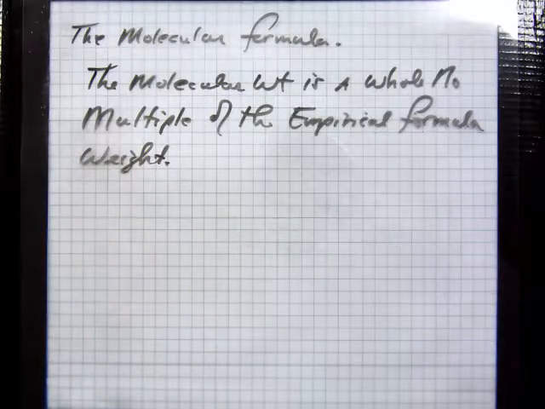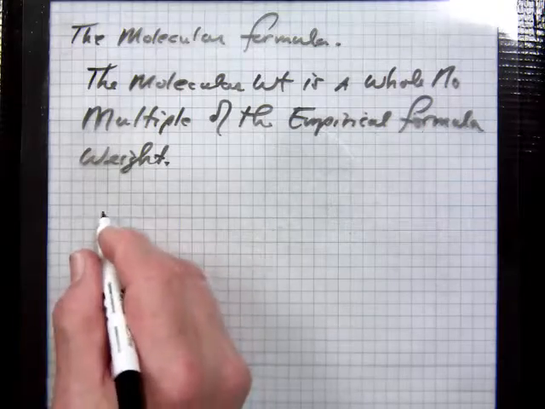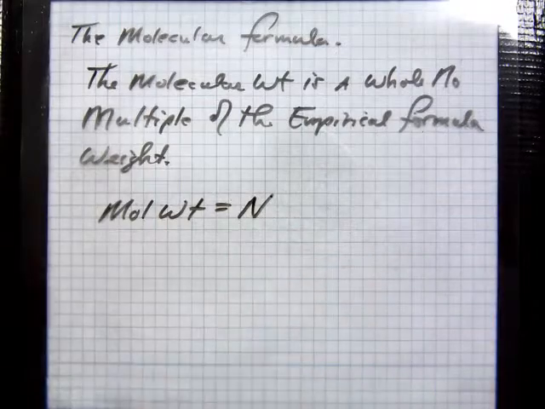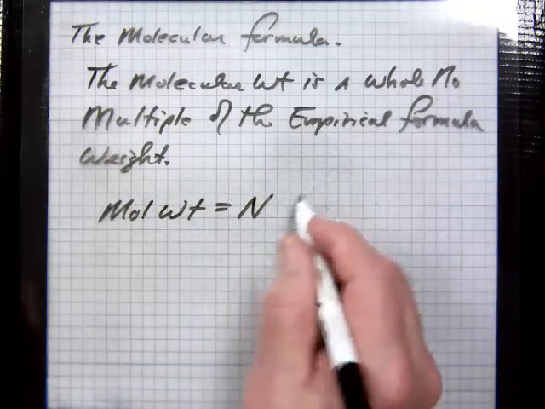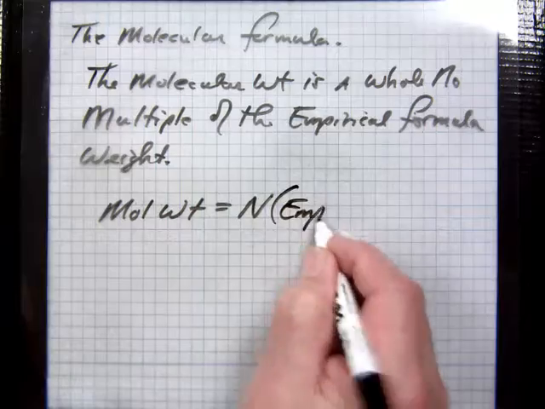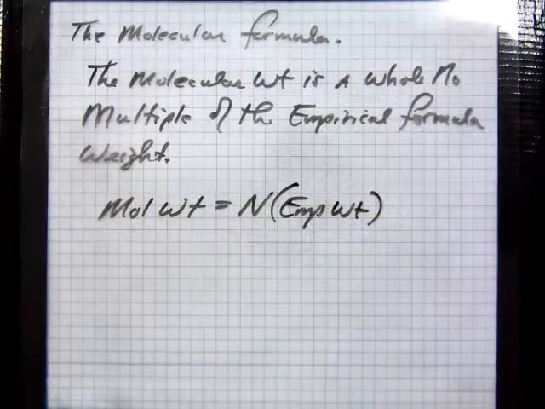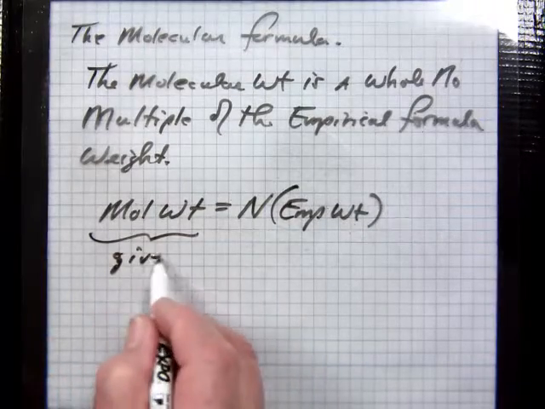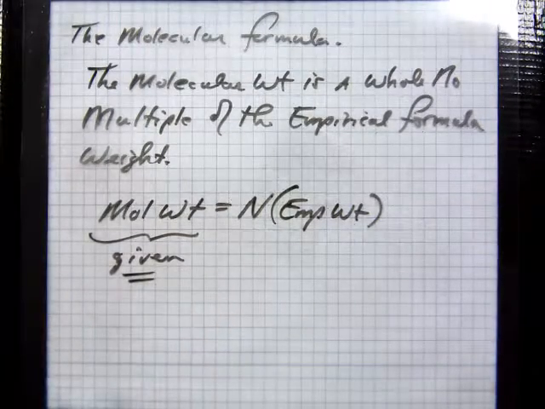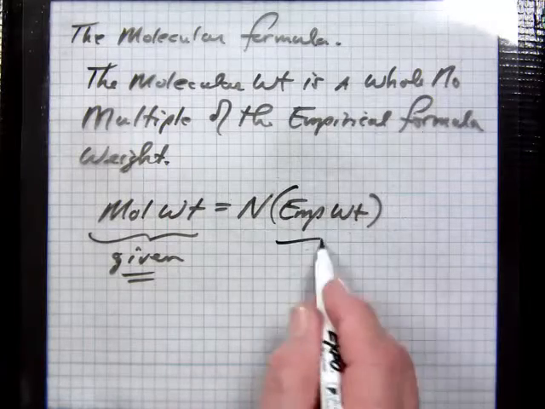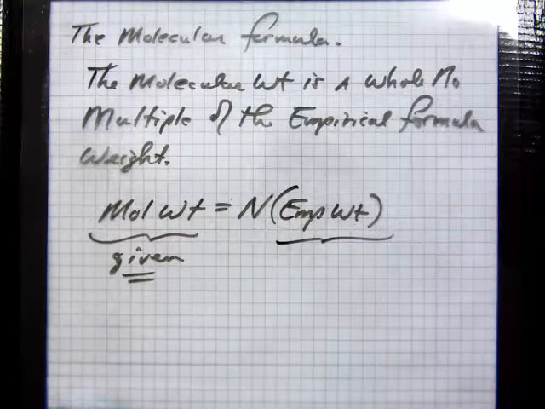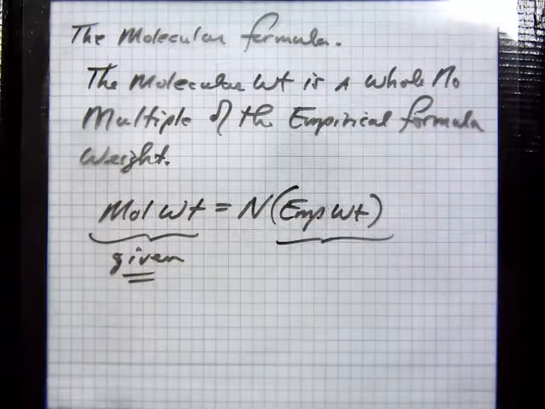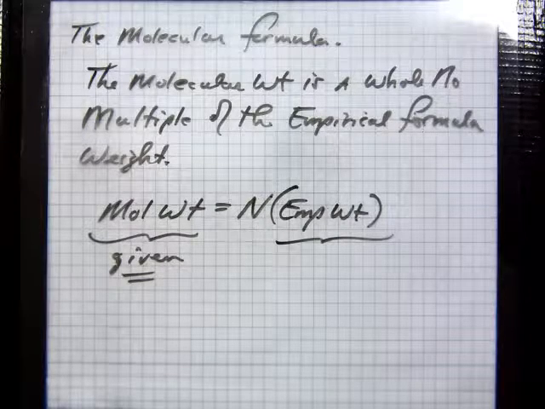Okay. So if we have molecular weight, it will be equal to some n, whole number multiple, of empirical weight. Now, what typically is done is this is given in a problem. It has to be given. You can't work a problem like this. And you will determine the empirical formula and, of course, calculate the weight, and then solve that for the n value, and then distribute that n value through your empirical formula as subscripts. Okay?